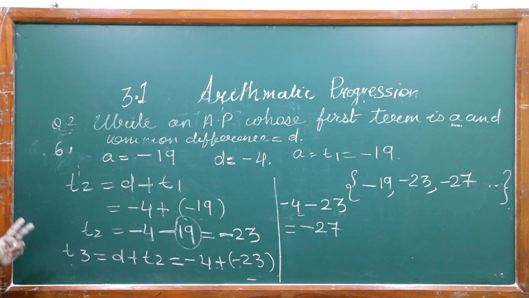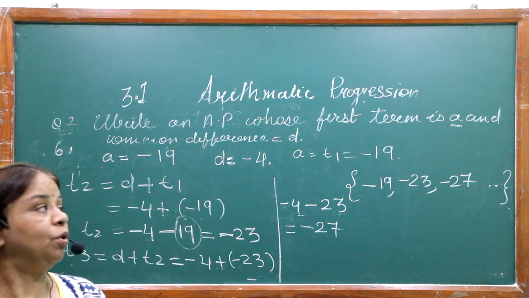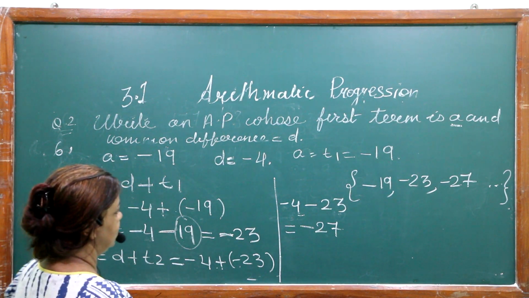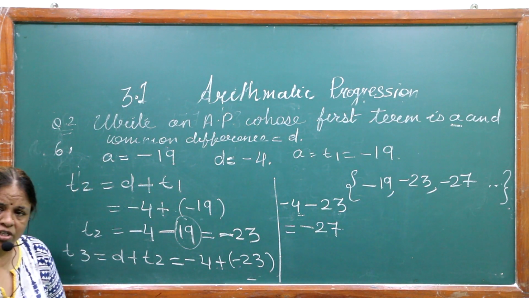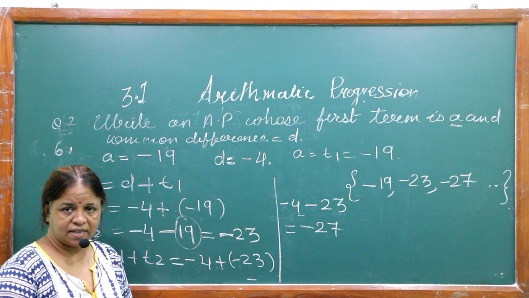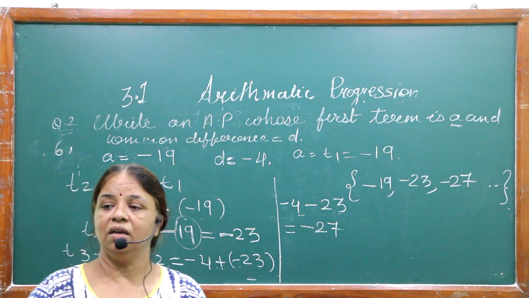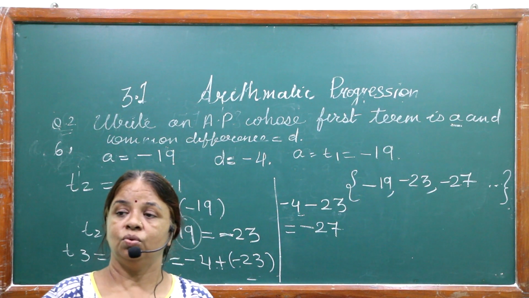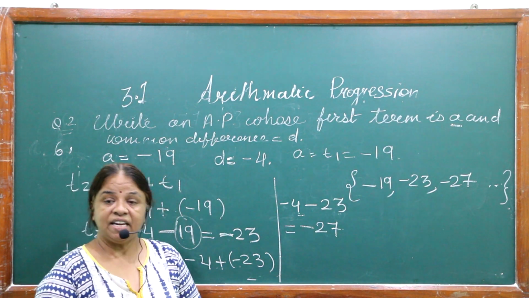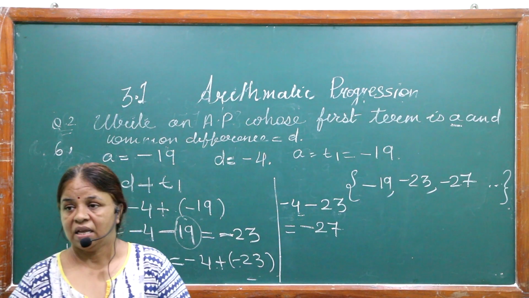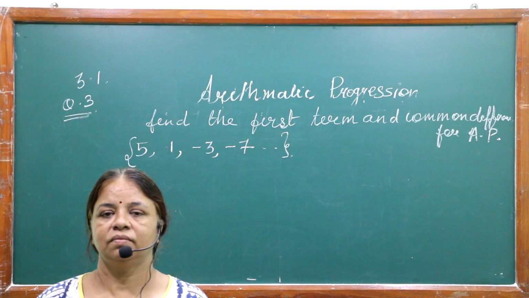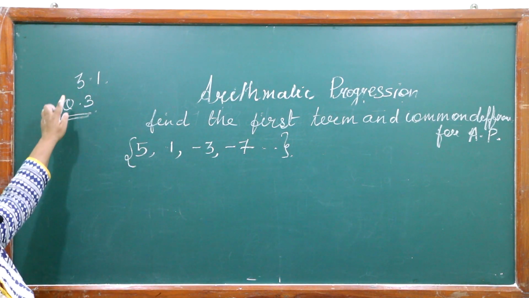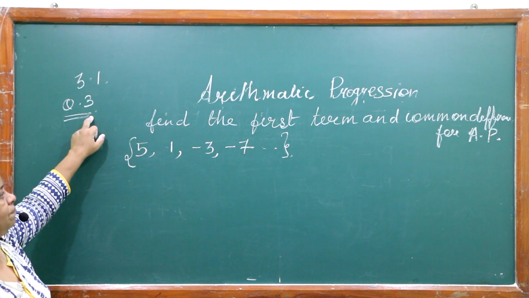Now, question number 3 of the 3.1 exercise, if children you have written. Now in question number 3 of exercise 3.1, we will be learning how to find out the first term and the common difference. Let us see. Now 3.1, question number 3.